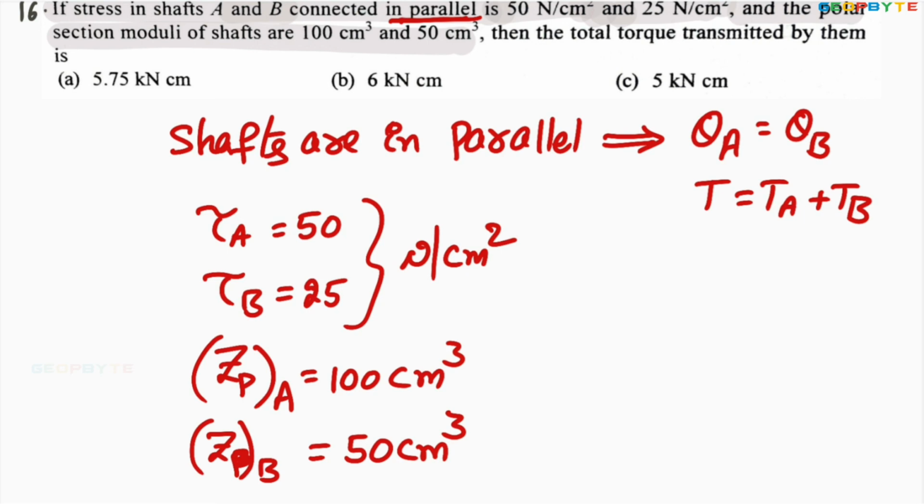Then the total torque transmitted by the shafts, total torque T equals TA plus TB. For that, you need to find TA and TB.